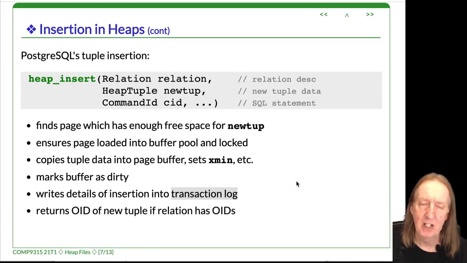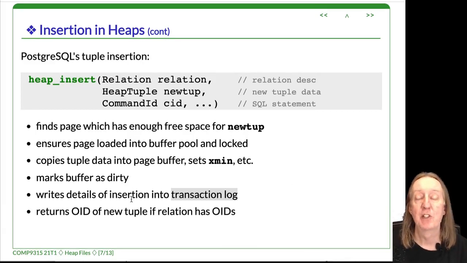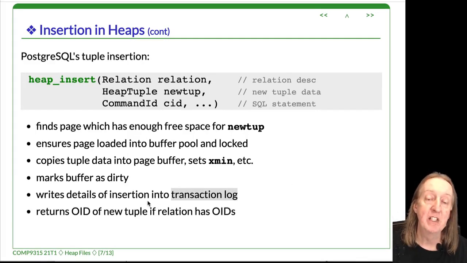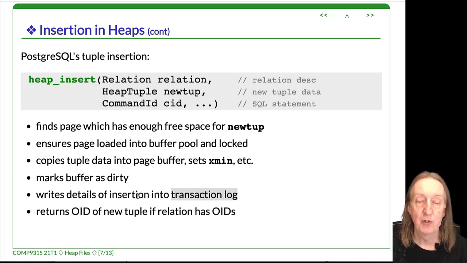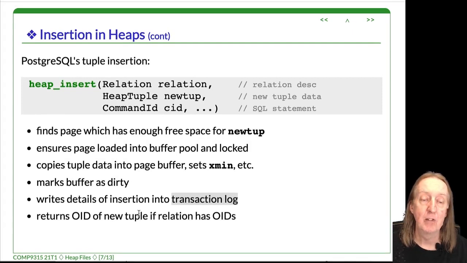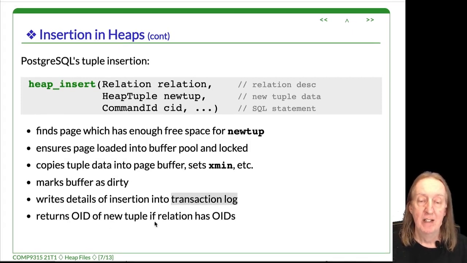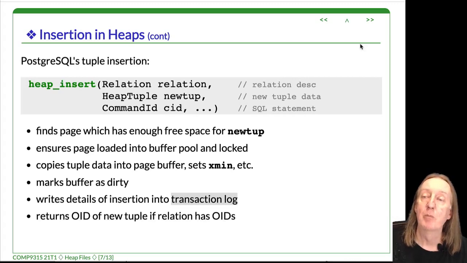We'll talk about transactions later, but if the transaction that is doing this insertion is subsequently aborted, then we need to know that this insertion was done by this transaction and therefore needs to be undone because the transaction ultimately failed. If the relation has object IDs, and once upon a time they were compulsory, nowadays they're optional for a relation.